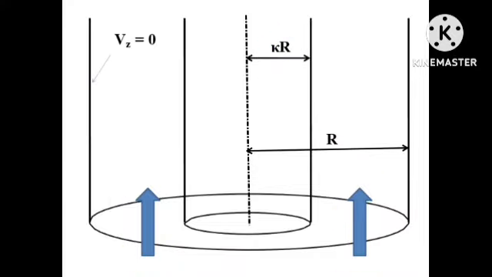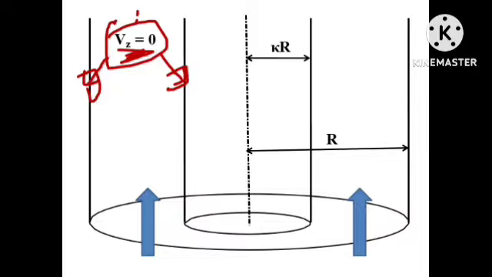Now where should the velocity Vz be? Velocity Vz should be given here and here too. Velocity Vz will be given in both directions. Please remember this. Here it will be 0 and here also it will be 0, and then here will be the trace of the points.